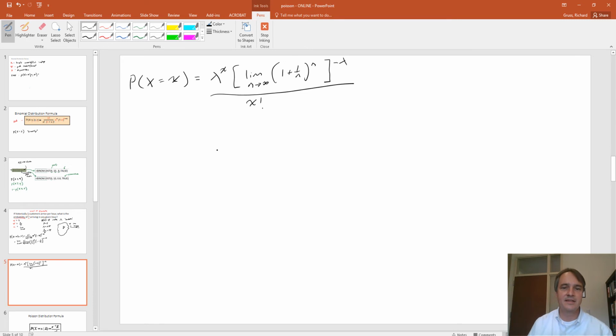Now this gets us a little bit closer, but this probably looks pretty impenetrable. But notice that we have a limit here that turns out to be very well defined, and we know what this converges to.